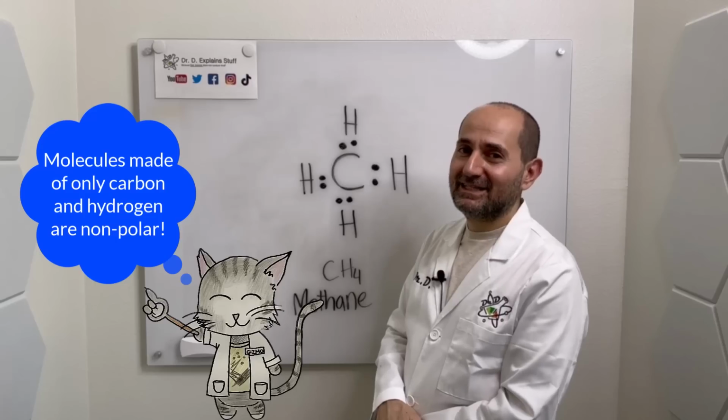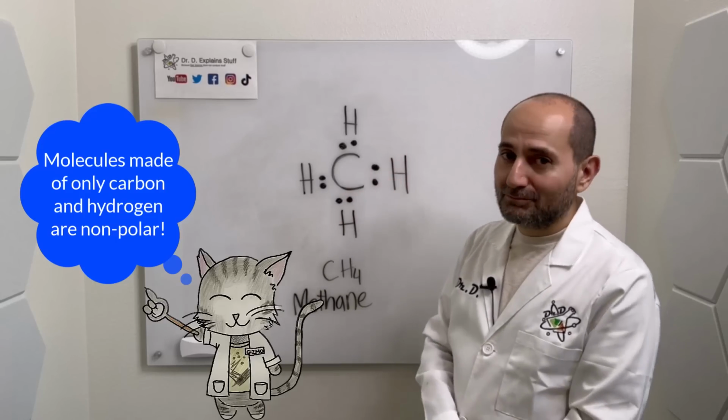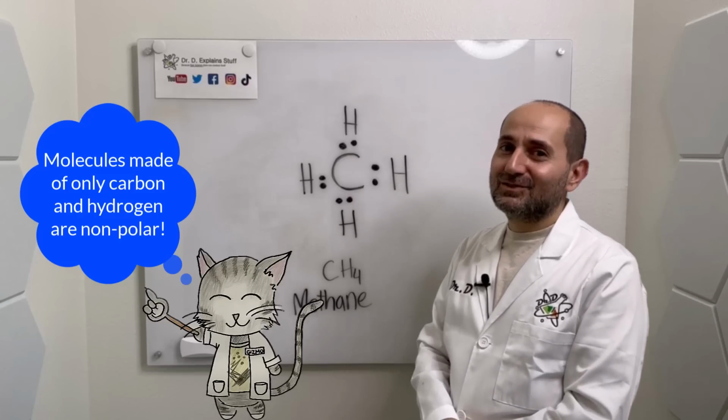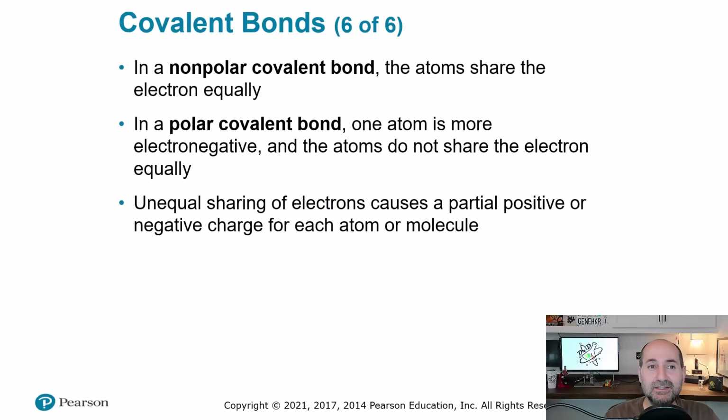And because they're mainly carbon and hydrogen, they form non-polar bonds, that makes those fats and oils non-polar. So again, nonpolar covalent bonds are covalent bonds where atoms share the electrons evenly, no partial charges form, and this results in a nonpolar molecule.